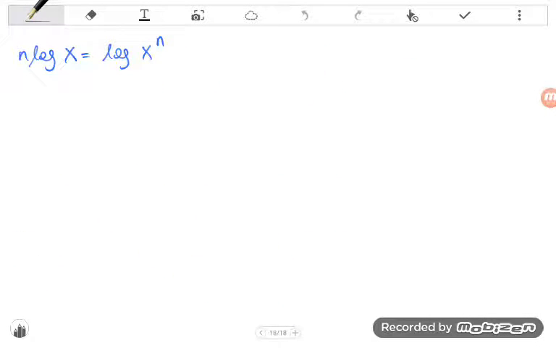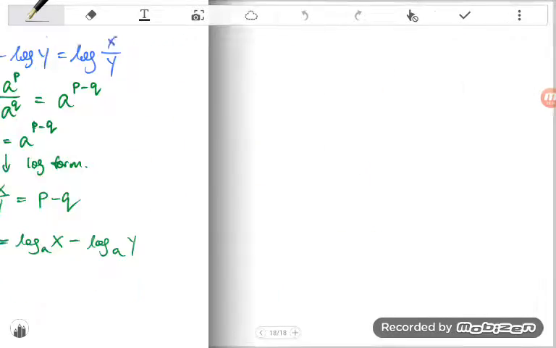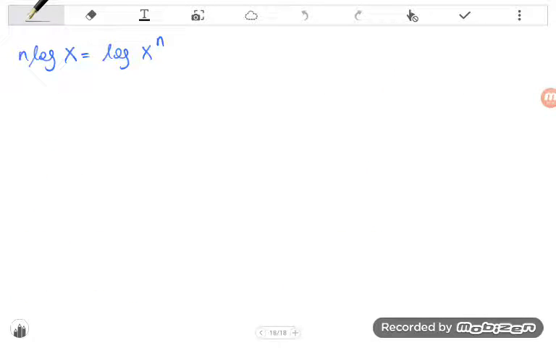All right, now next part. Let's see how this one works. To prove this, the setup would be a little bit different. Still I'm gonna have x is equal to a to the power of p.